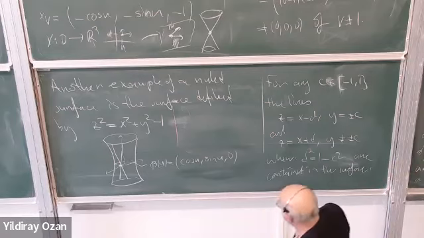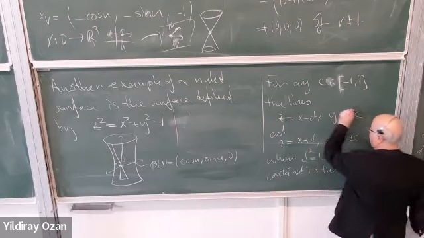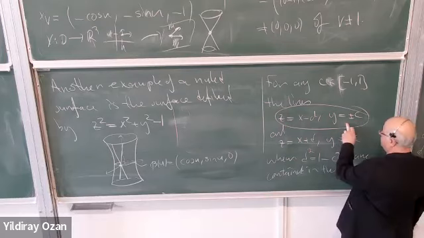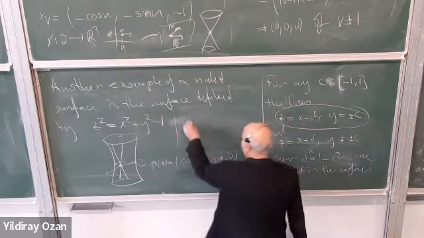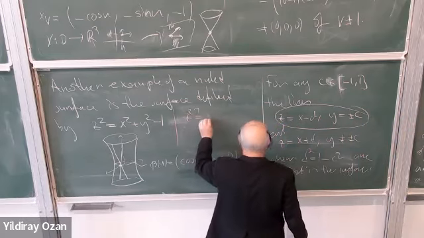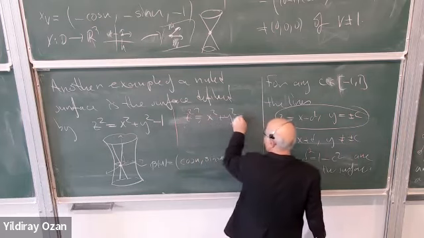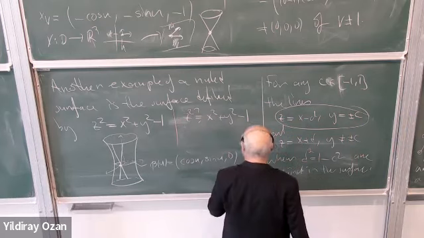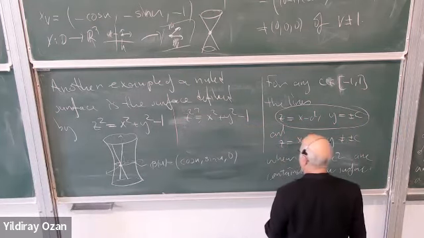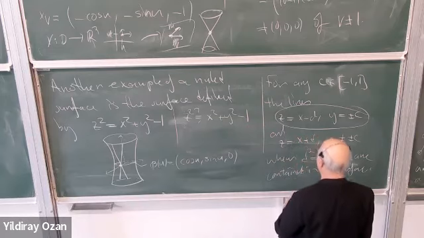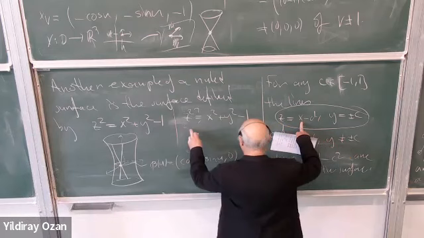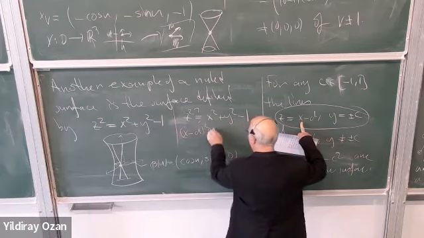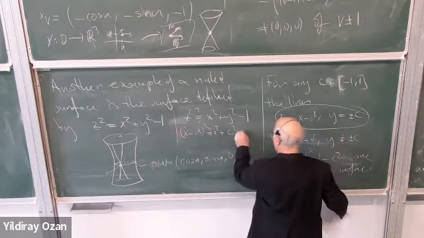Okay, I have to just show you that these are contained in the equation. I mean, these satisfy the equation, right? So z squared, is this equal to x squared plus y squared minus 1? I let z equals x minus d, so x minus d squared, is this equal to x squared plus c squared minus 1?